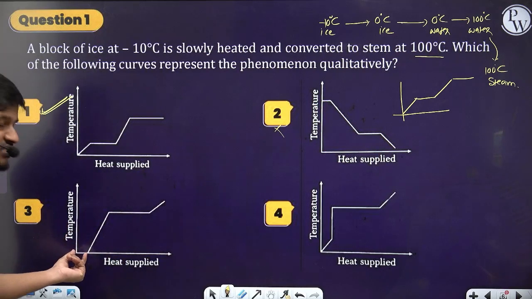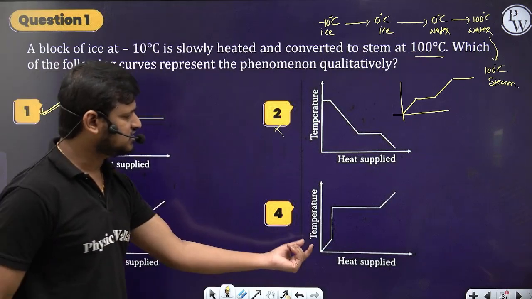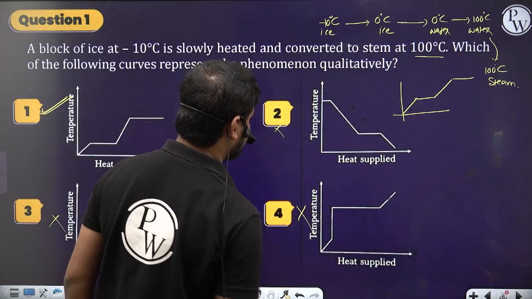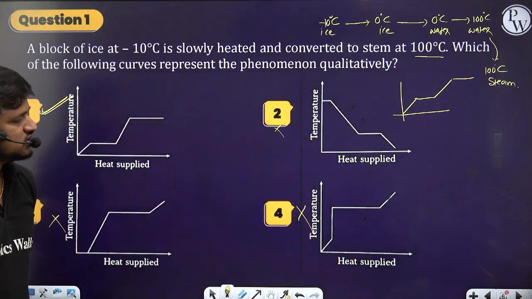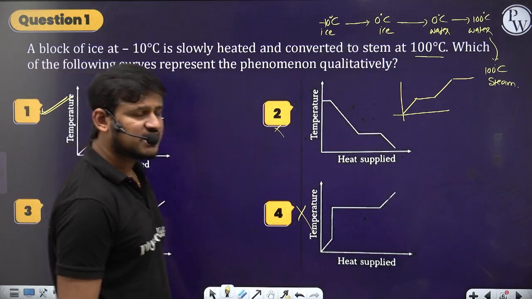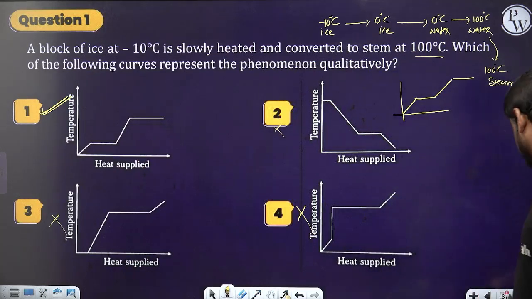So here first state change is there, so not possible. So this is also wrong. And then this one, first increases and then constant vertically, no, temperature is not constant, temperature increases. Here heat supplied is constant, it is given, no. Done guys, understood, clear? Chalo. So the option 1 is the correct one.